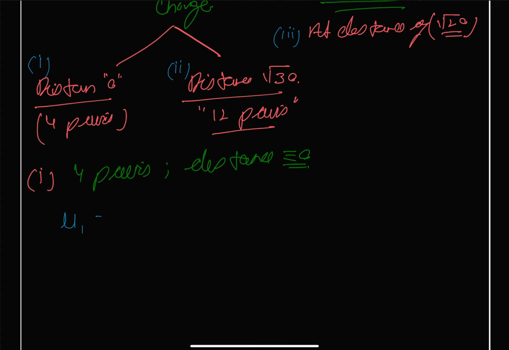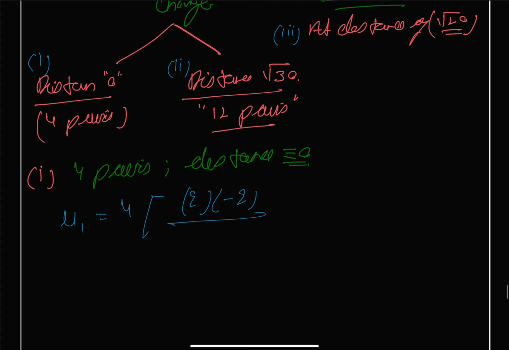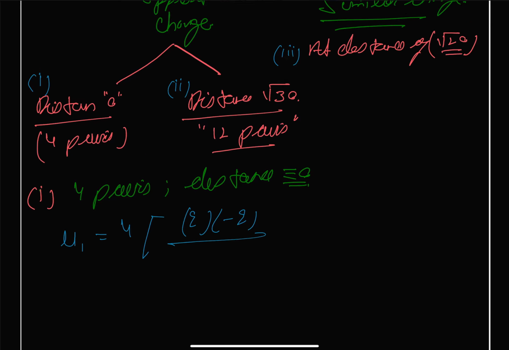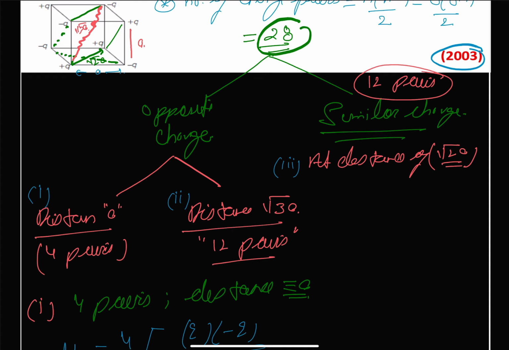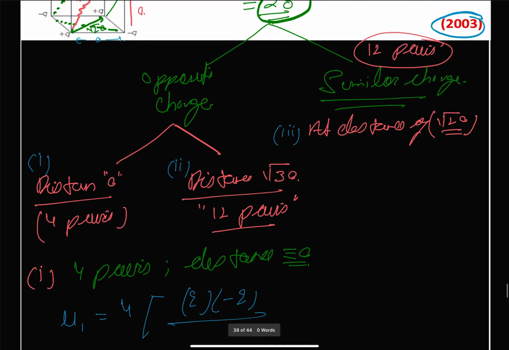So our U1 will be equal to 4 times, and the charges are opposite, so this comes as Q multiplied by minus Q divided by 4 pi epsilon naught and the distance A. Let me check whether they are 4 or not.